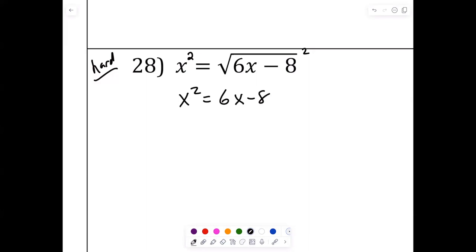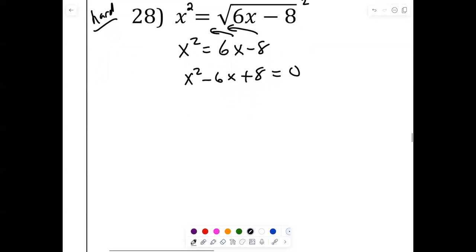So a quadratic has to be set equal to 0. So I move the 6x over and I move the negative 8 over. So that becomes x squared minus 6x plus 8 equals 0. Everybody good with that? All right, now the hard part. You got to remember how to factor now. Come on, factor x squared minus 6x plus 8.